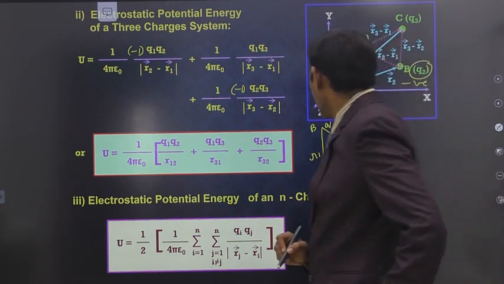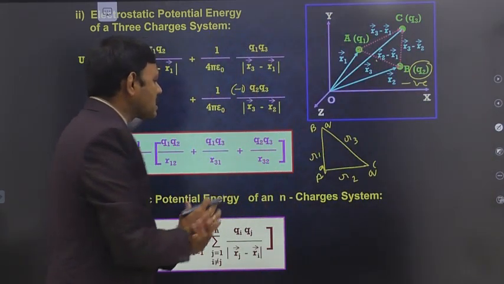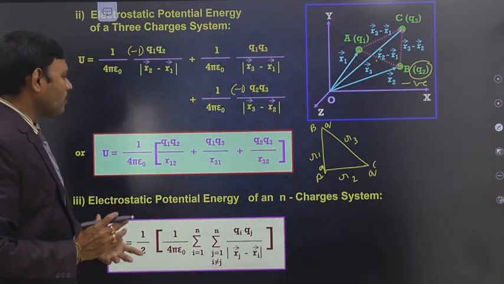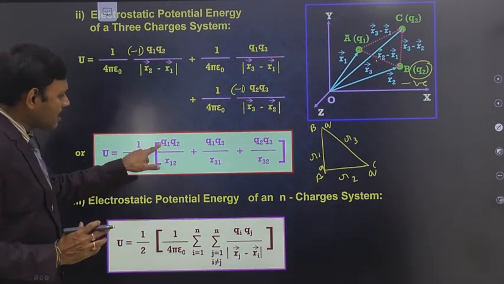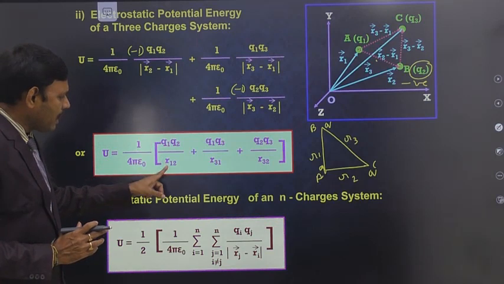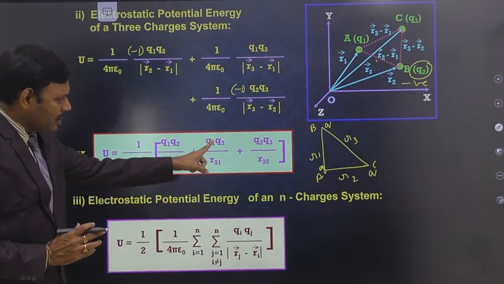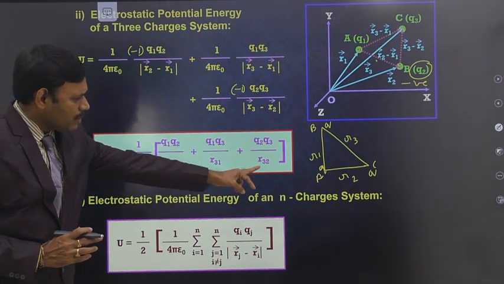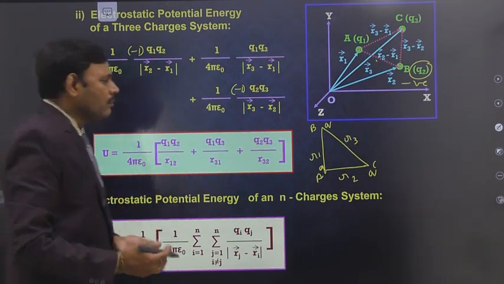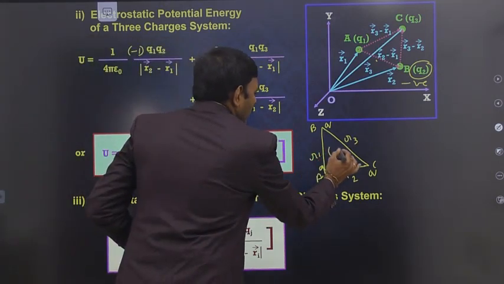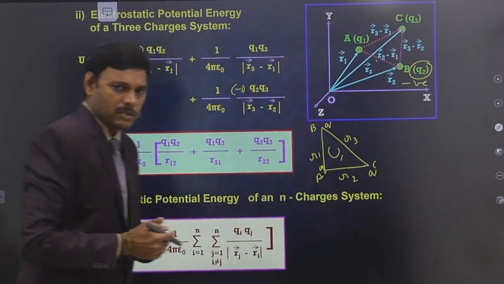Then the initial potential energy is known to us by using this similar formula: 1 by 4 pi epsilon naught Q1 Q2, of course Q square by R1, next Q square by R2 and Q square by R3. We find this value of initial potential energy, U1, for this system of charges.